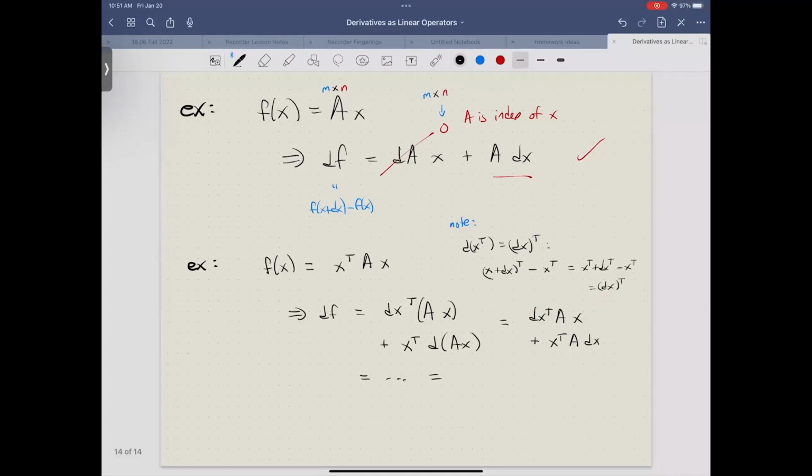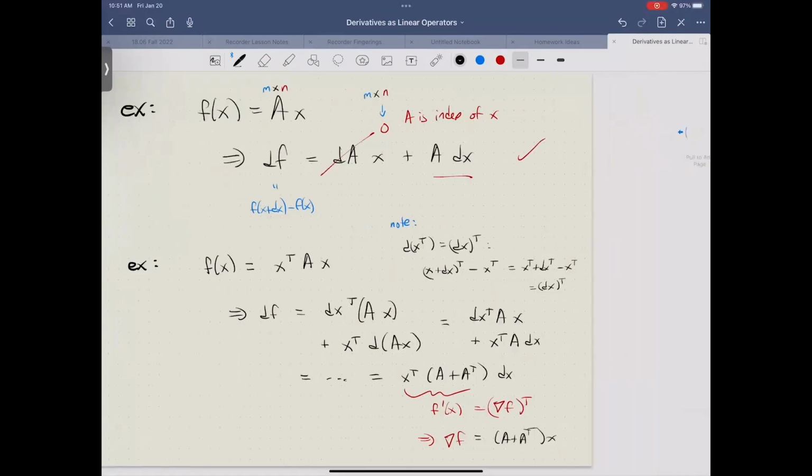So that's equal to x transpose A plus A transpose dx, and then this was our f prime of x, which is the same thing as the gradient of f transposed. Which therefore means that the gradient of f is equal to the transpose of that, which is A plus A transpose x. So that's the product rule, pretty straightforward.